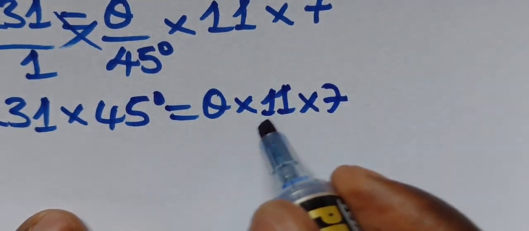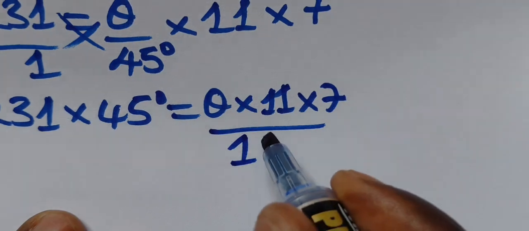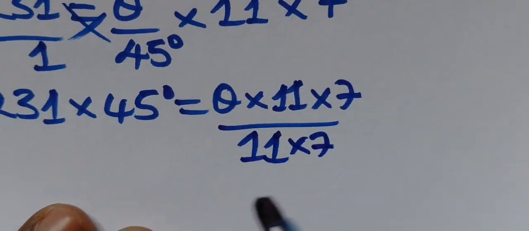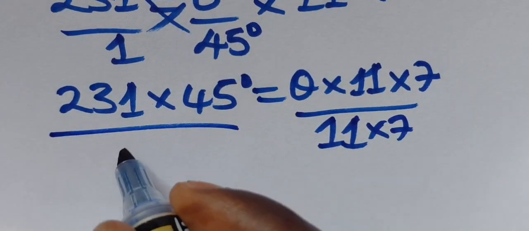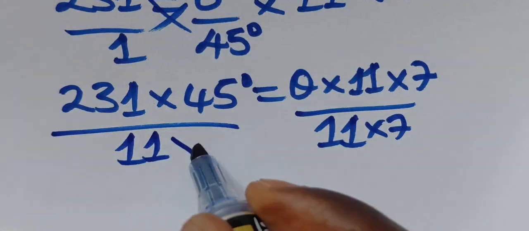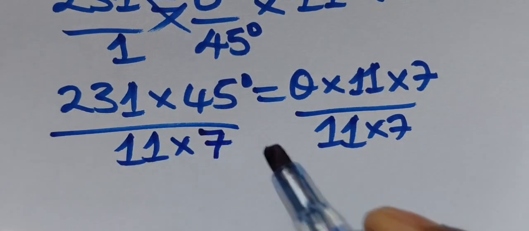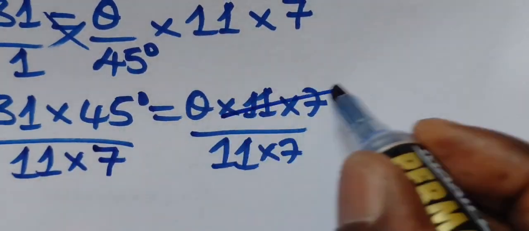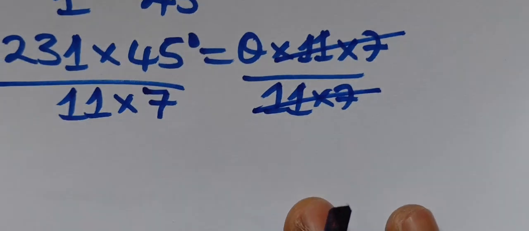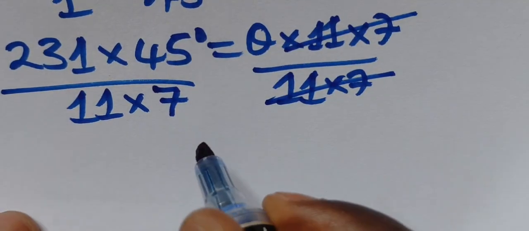And then to get theta, I'll divide through by 11 times 7 both sides. So this simply means this can simplify with this on the right side, and we are remaining with theta.